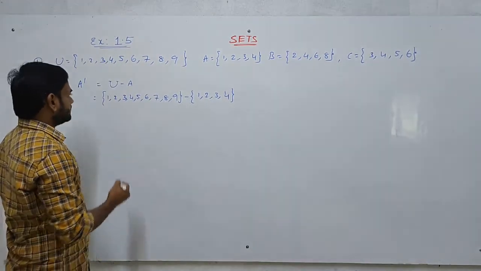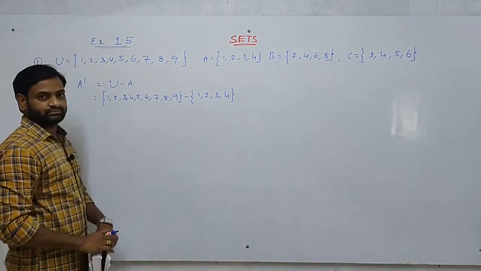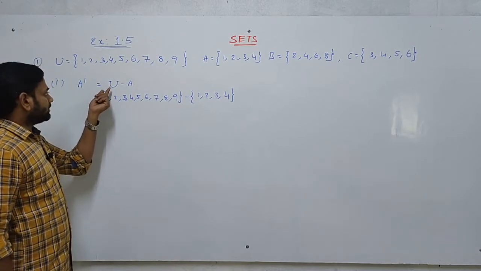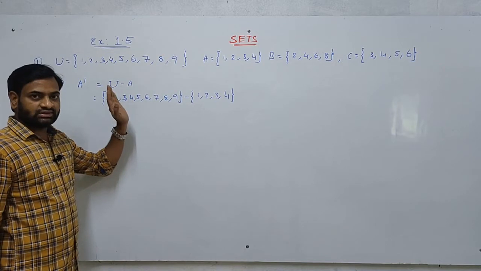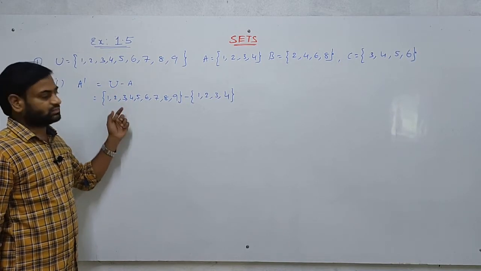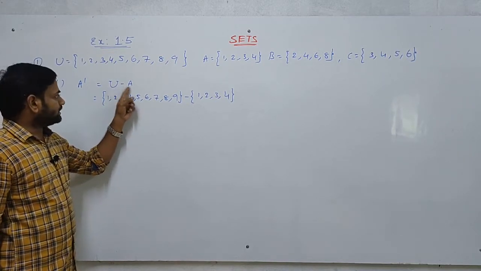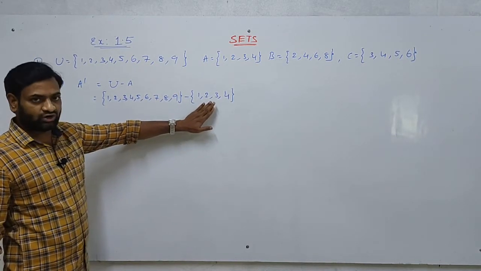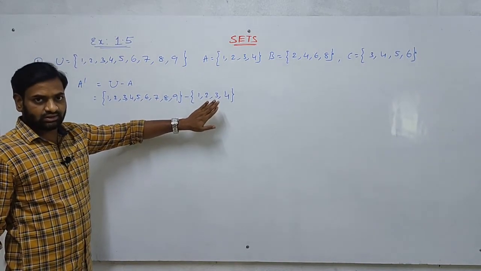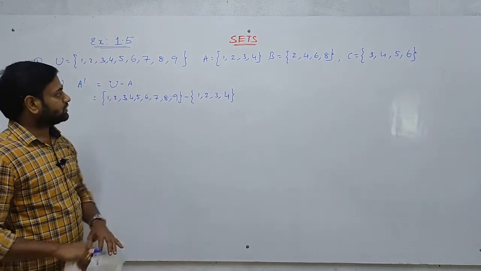Now here, eliminate, that means from U we have to delete A's elements. So what are the A elements here? 1, 2, 3, 4. These are the A set elements.